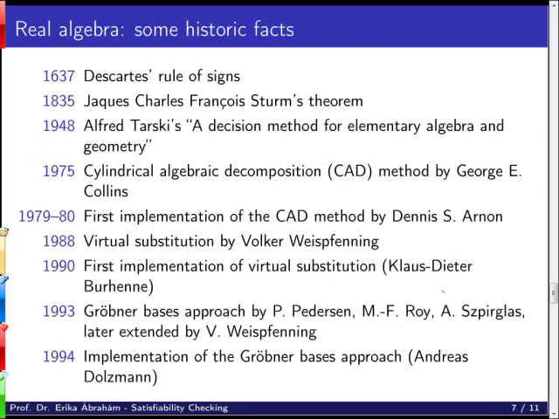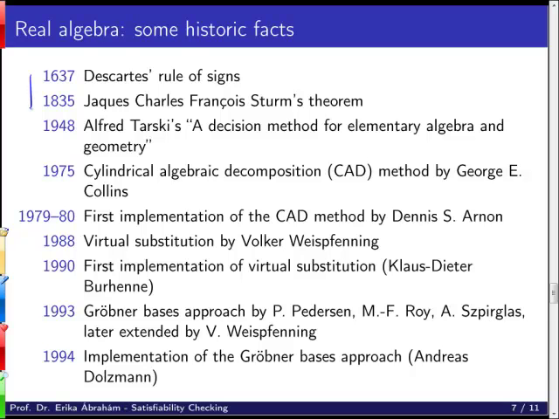So quite a series of other works were done since then. Here's a short historical overview. It starts with two points, Descartes' rule of signs and Sturm's theorem. Descartes' rule of signs is a bit older, from the 17th century, and basically what he tried is to count the number of real roots within an interval.